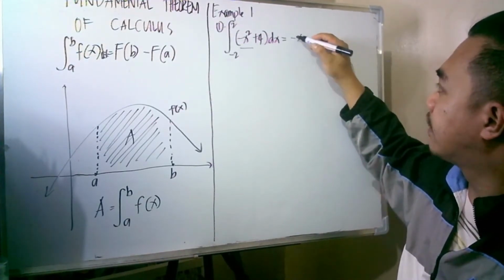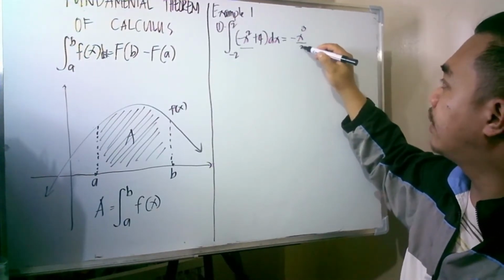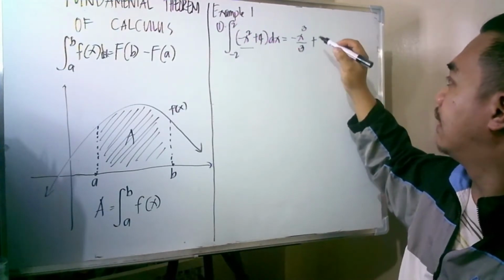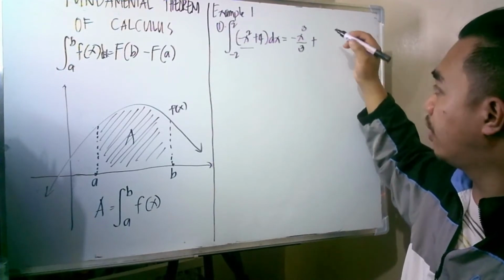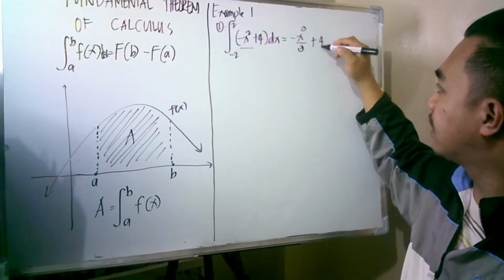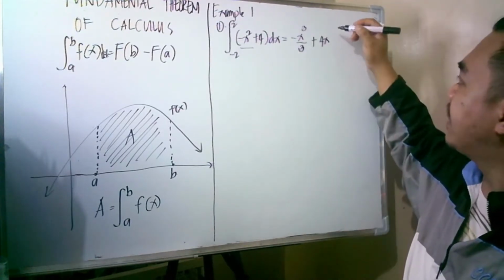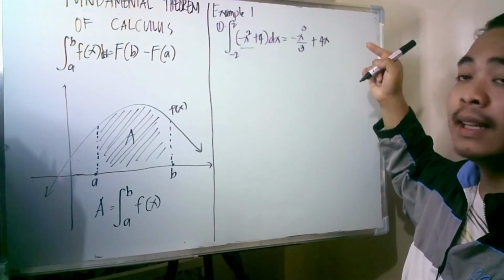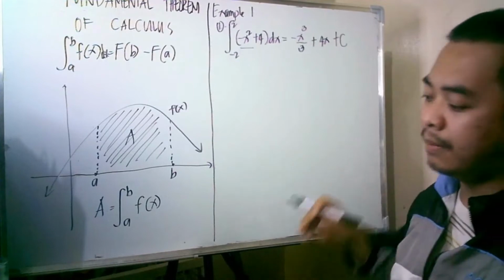Negative x, you add 1 to the exponent, so that becomes 3, and then divide it by 3. Plus, we are integrating 4, the integral is 4x. This is the antiderivative.